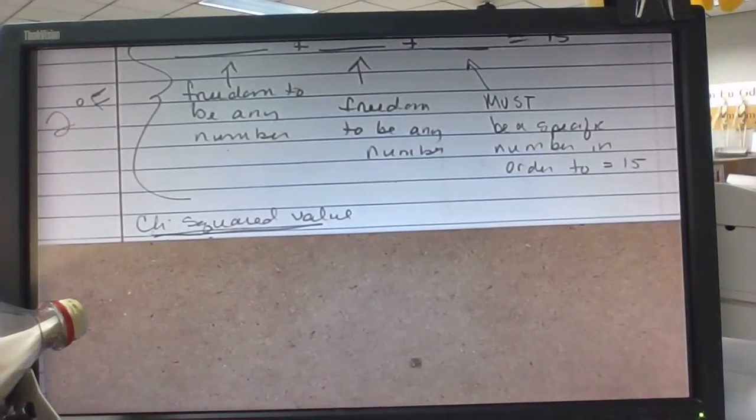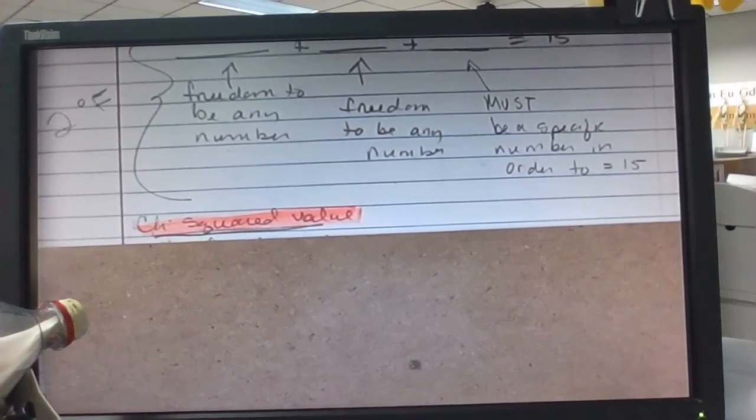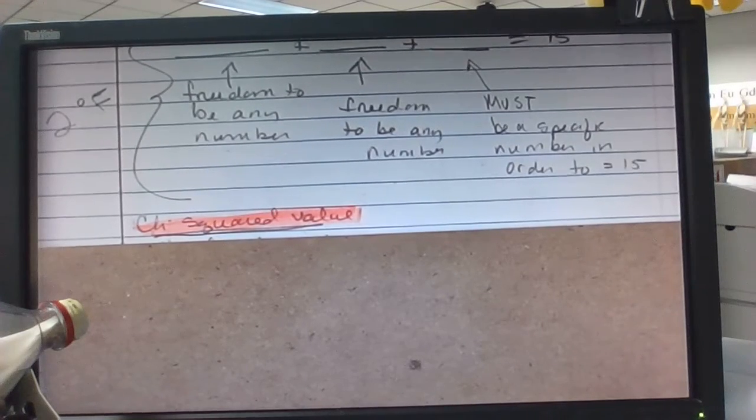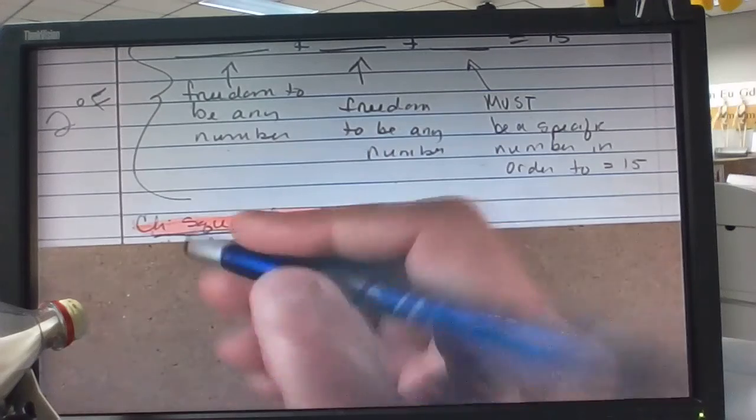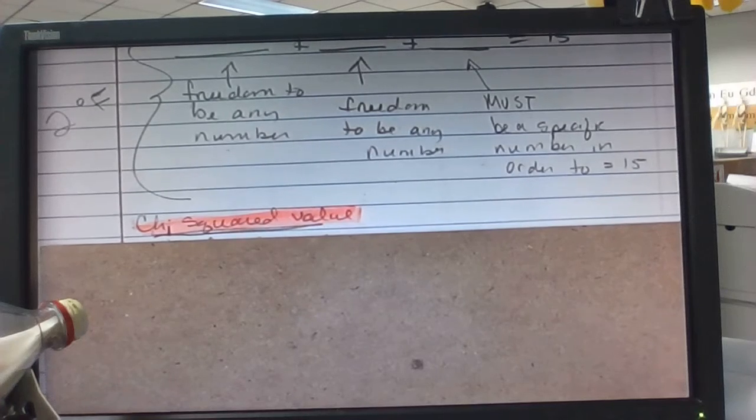Chi-squared value. So you need a different color than what you highlighted for degrees of freedom, a different color than what you boxed in your chi-squared information. Your chi-squared value is essentially your answer to the formula after you do the math.